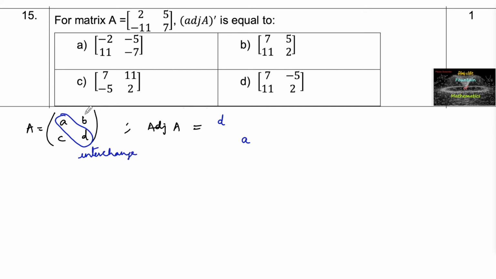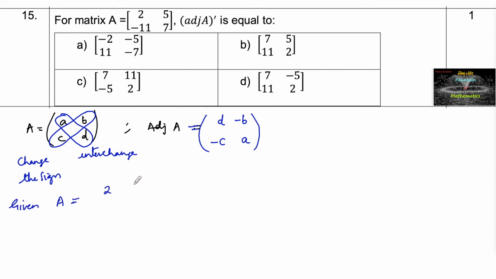And here, this cross, we have to change the sign for adjoint in 2 by 2 case. So here just change the sign, so we can write minus b and minus c. So adjoint of 2 by 2 matrix is d, minus b, minus c, a.